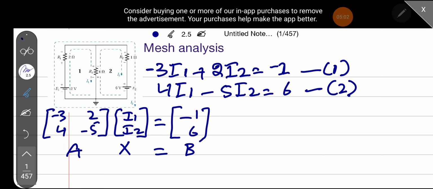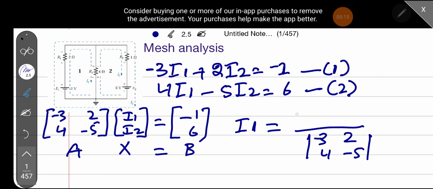If we apply Cramer's rule in this equation, I1 will be equal to the determinant of the numerator matrix over the determinant of the A matrix, and for I1 we put in column 1 matrix B. The determinant of A is equal to 7 and the determinant of the numerator matrix is equal to -7.